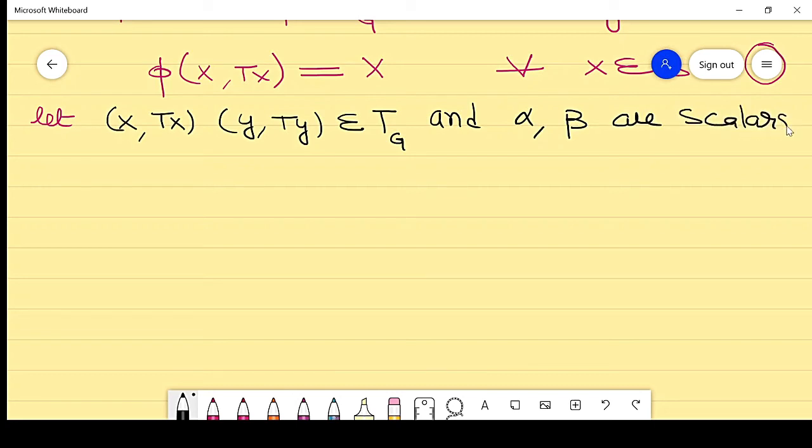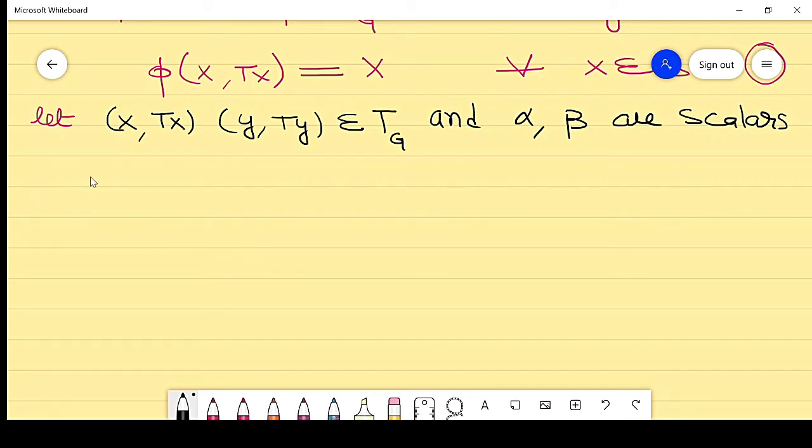Remember that if this is a complex-valued Banach space, then these are complex scalars.